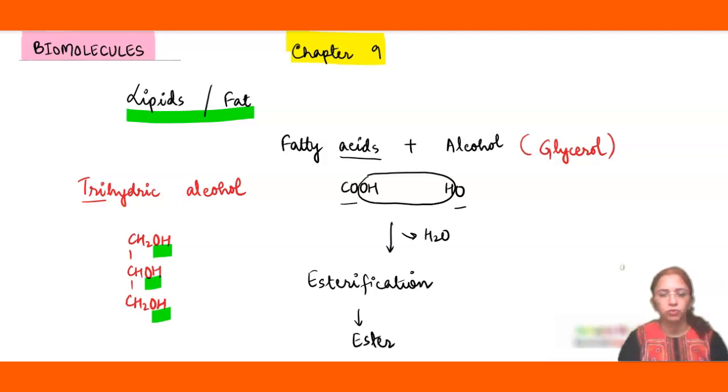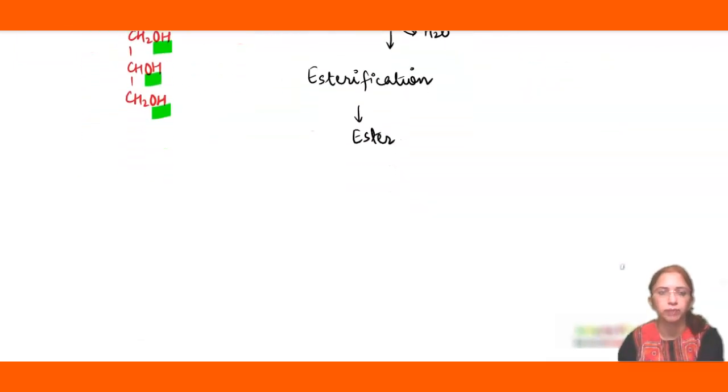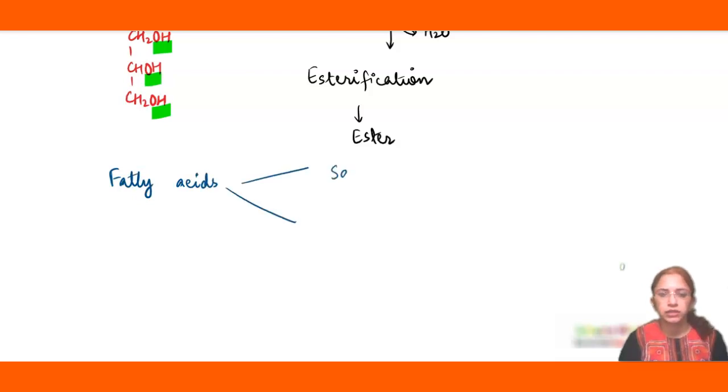Now let's move on and get a bit more knowledge about fatty acids. Fatty acids are divided into 2 categories. One, saturated fatty acids. I'm writing short FA. FA means fatty acids.